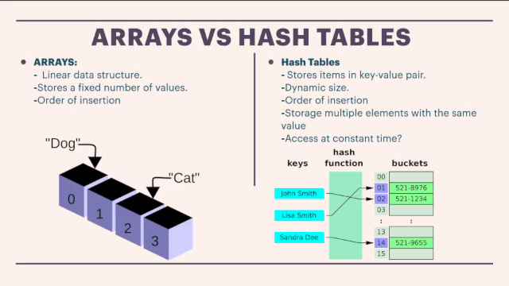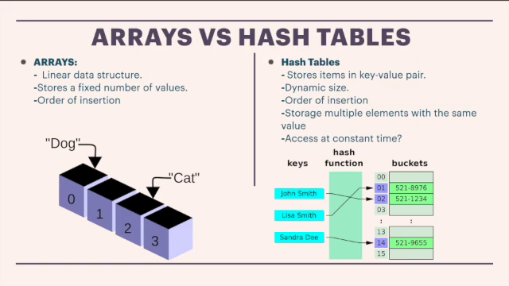On the other hand, hash tables do not possess a sequential order of insertion, which means that they could appear in a different order than they were added. Another difference is the duplication of values, which means the storage of multiple elements with the same value, a property that hash tables don't have, unlike arrays.